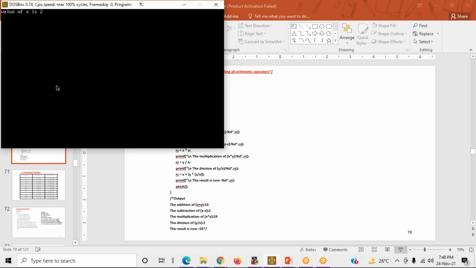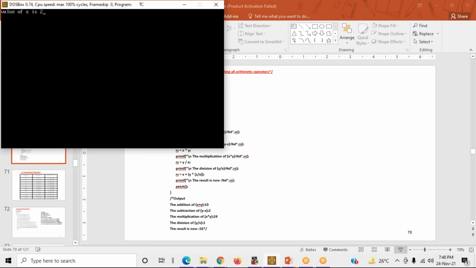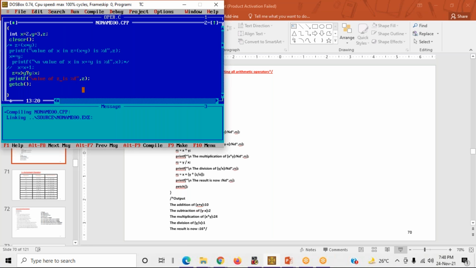See, x is displayed. That will be clear. So x is greater than y: x is 2 and y is 3. So 2 is greater than 3 is false.